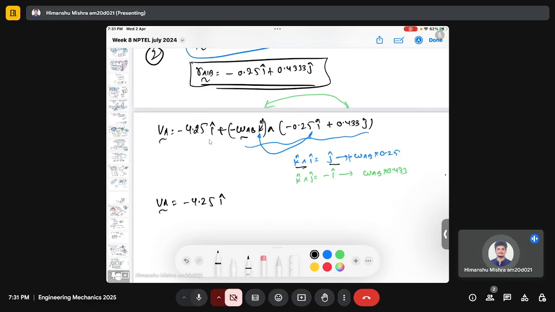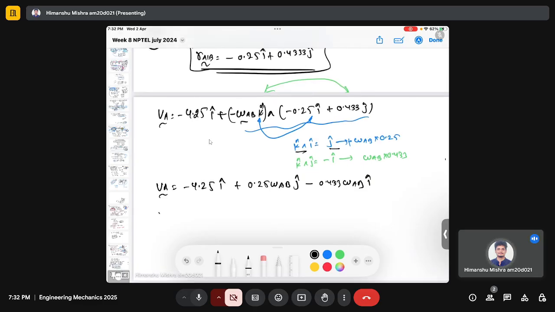So when you simplify this based on the above argument, you will have 4.25 i. First consider blue color direction and magnitude. So it will be 0.25 omega AB in the j direction, and this will be minus 0.433 omega AB in the i direction. So my VA, now we have a vector equation in which components are there in both directions.